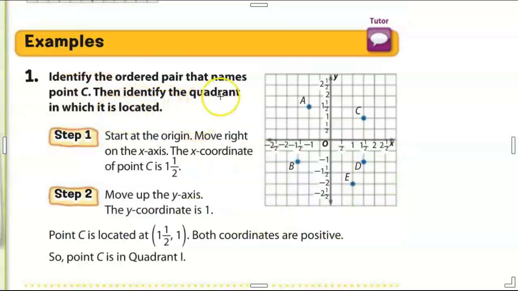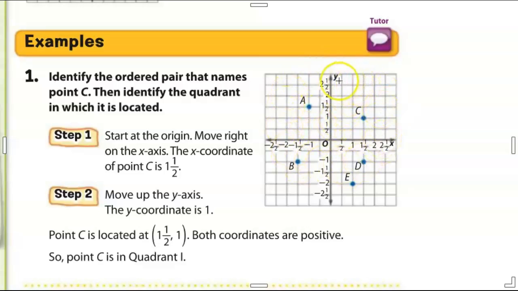So we're going to continue identifying points and labeling their ordered pair numbers. This first example says to identify the ordered pair that names point C. So over here we're going to see this is point C, and then we're going to identify the quadrant in which it's located. So really the best thing for you to do right now is what we mentioned just a moment ago that we have to memorize, and that's where the quadrants are.